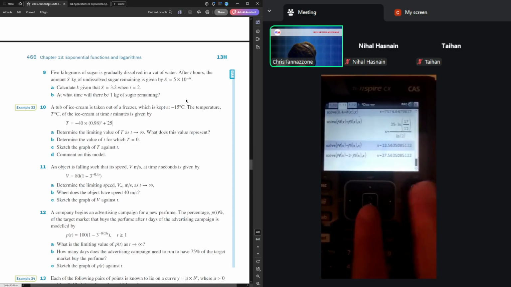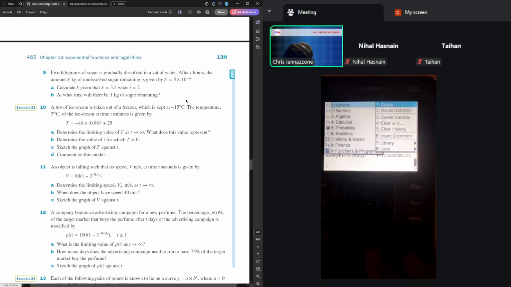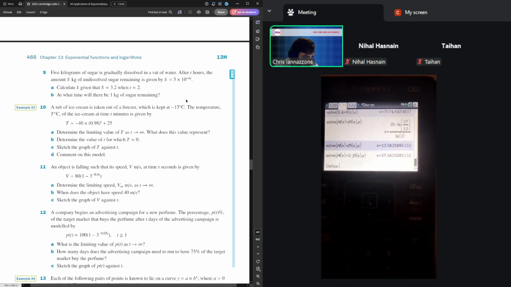You can also just plug this in your CAS and either insert t equals infinity into the exponent or do the limit. Both work. Let's have a look. Function equals negative 40 times bracket 0.98 power x plus 25.